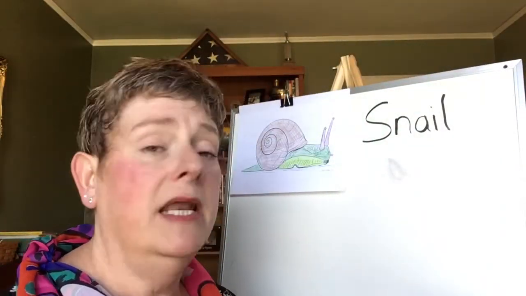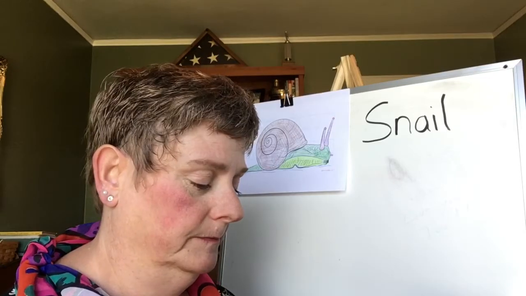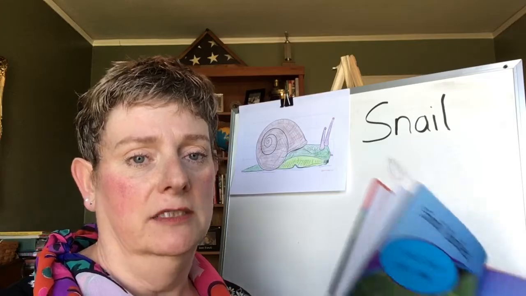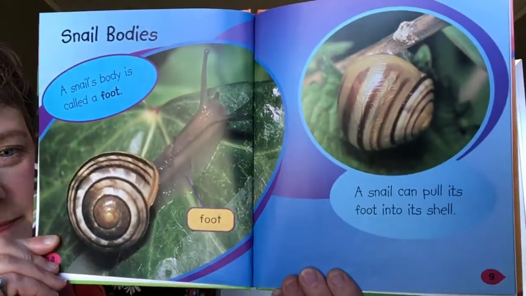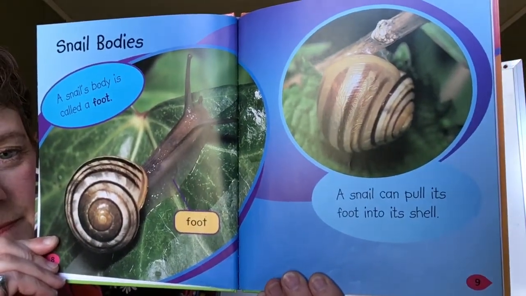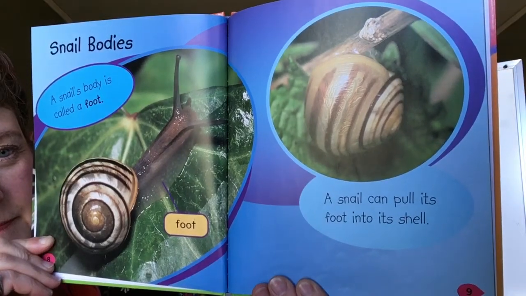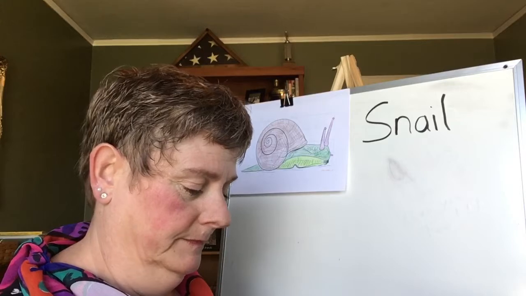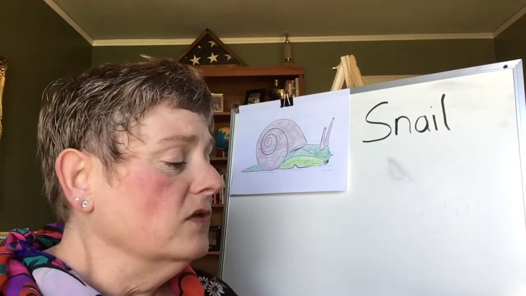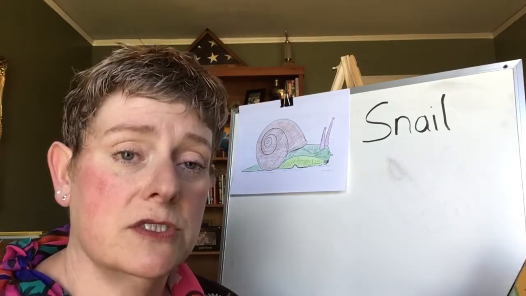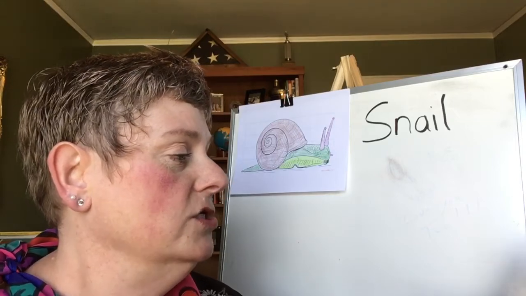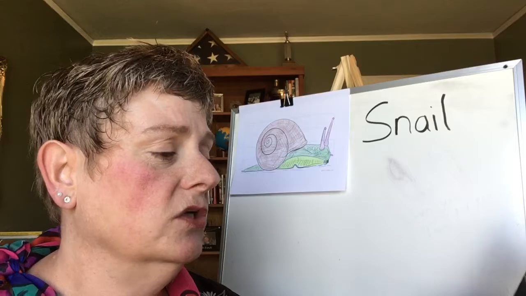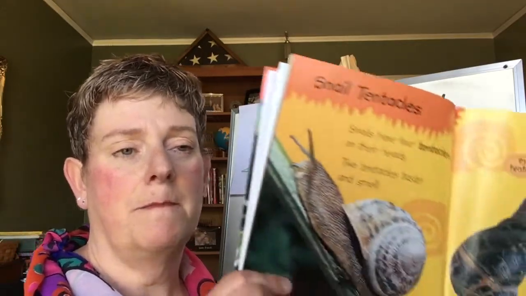A snail's body is called a foot. A snail can pull its foot into its shell. Snails have 4 tentacles on their heads. 2 tentacles taste and smell. 2 tentacles have eyes.